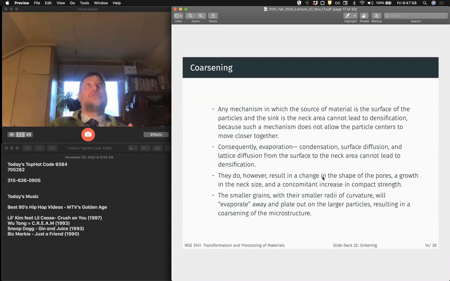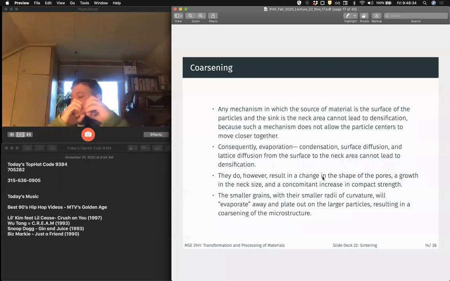Okay. So if we think about what we need for densification versus what we need for coarsening, I want you to think about this and realize that any mechanism in which the source of the material is the surface of the particle and the sink is the neck area won't lead to densification because the centers of the particles won't move closer together.